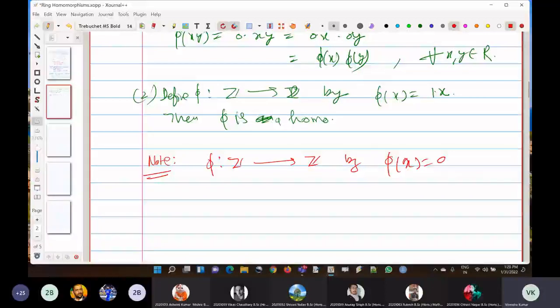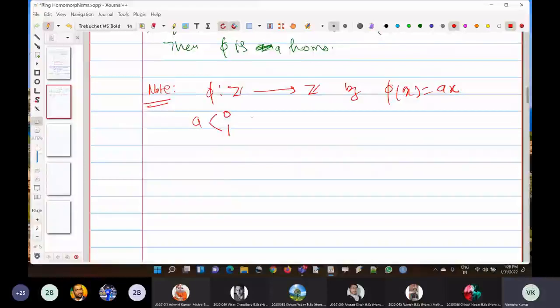We have taken two choices for a, and that choice is 0 and 1. The property of these two elements is that 0 squared equals 0 and 1 squared equals 1.